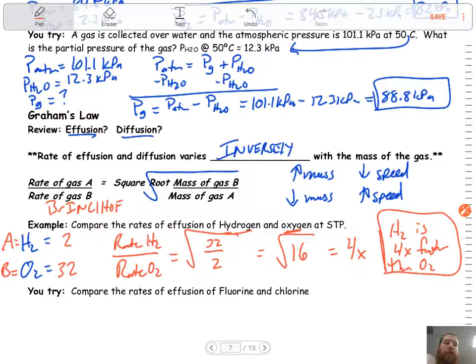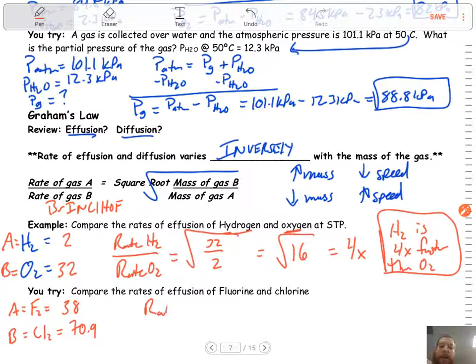Right now, pause the video, go ahead and compare the rates of effusion of fluorine and chlorine. All right, so since fluorine was given to me first, I'm going to say that's my gas A, F2. Its mass is going to be about 38, because again, multiplying it by 2 because it's diatomic. Chlorine is going to have a mass of 70.9.